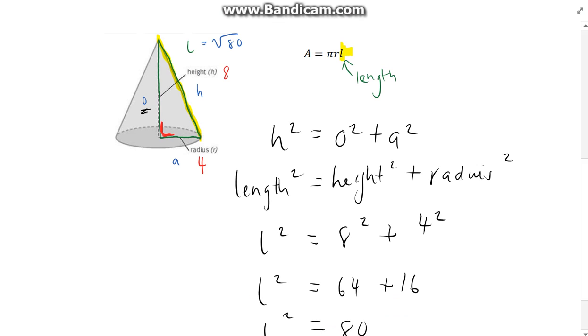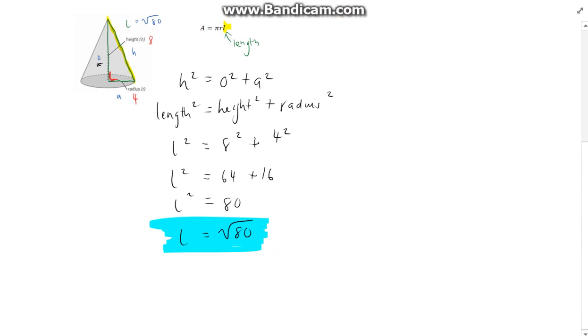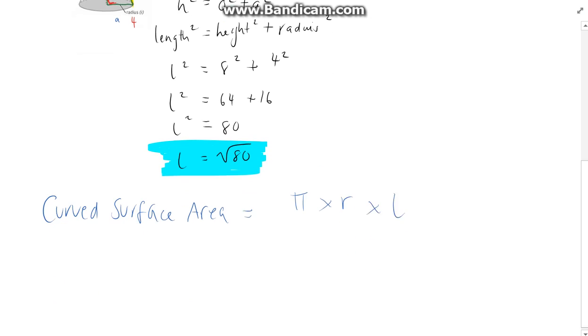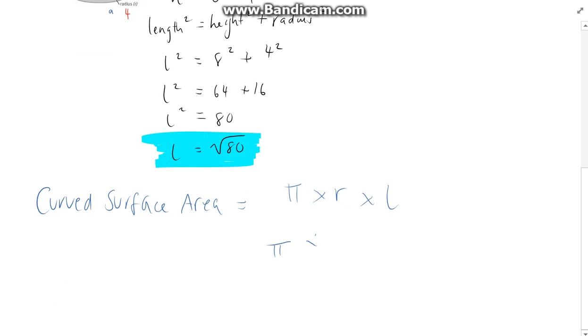Once we know the measurements for L, we know our measurements for R, and we have pi, we can calculate the area of the curved surface area. So the curved surface area is equal to pi times R times L. That's pi times our radius, which we said was 4, and our length, which we calculated to be root 80.